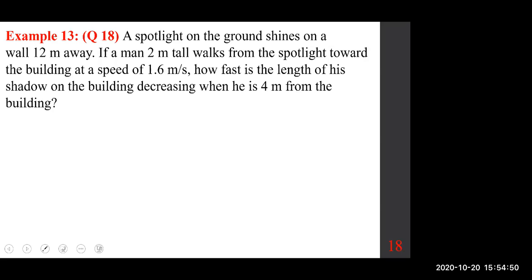Okay. So there is a spotlight. And there is a wall, and this distance is 12 meters, class. So we have a spotlight, we have the wall, and their distance is 12 meters. Okay. So if a man 2 meters tall walks from the spotlight, the man is going to go this way.